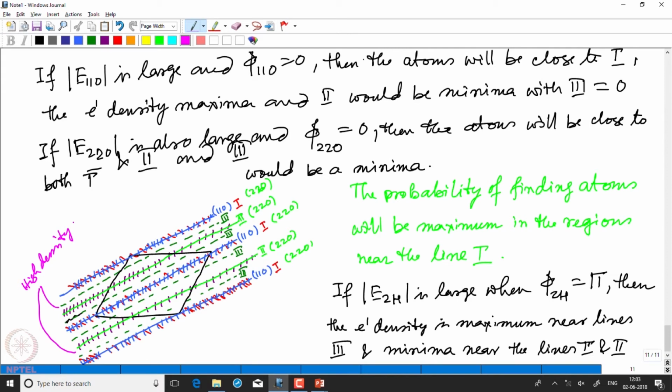corresponding Fourier transformation. So what is then done is, first you assume that the phi for 110 reflection is 0 and do a Fourier transformation, get the electron density plot.